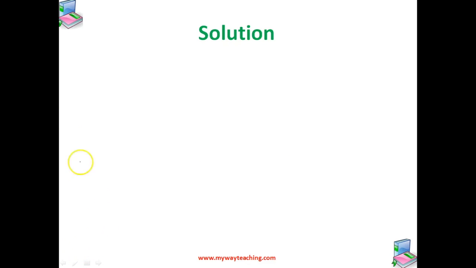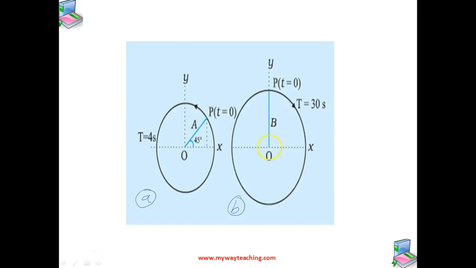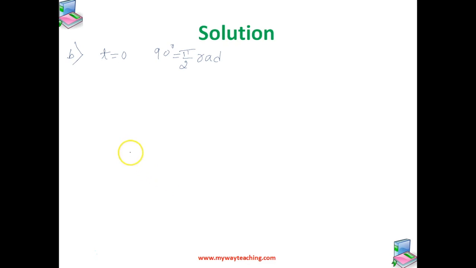Now moving to the second part of the question. At t equal to 0, OP makes an angle of 90 degrees, that is pi by 2 radians, with the x-axis.